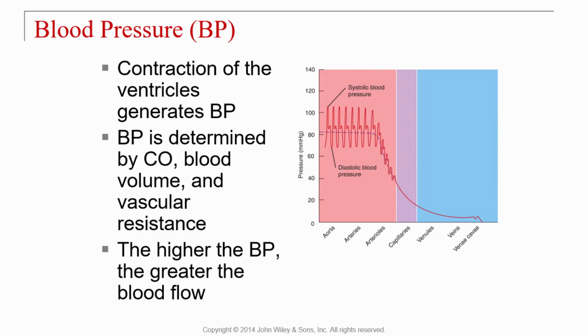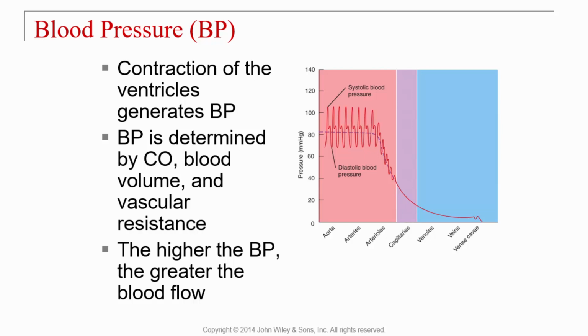If your blood vessels constrict, a couple of things happen. One, you're increasing volume, relatively speaking, because you're going to have less vessel to hold that same amount of volume. So relatively speaking, you're increasing the volume, so blood pressure goes up.